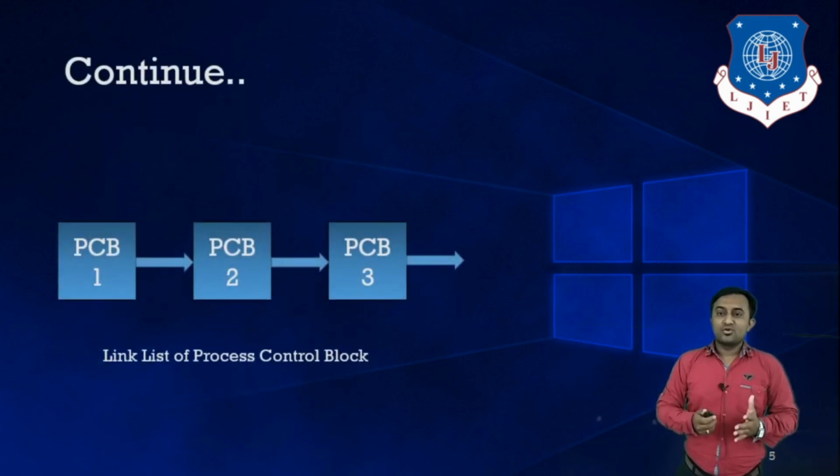Okay. Now how is this process control block stored in memory? As I told you, each process will have a separate process control block, and these process control blocks are associated with a data structure called a linked list. Means these various PCBs are connected with the help of a linked list. So what is the advantage of maintaining this information in terms of a linked list?